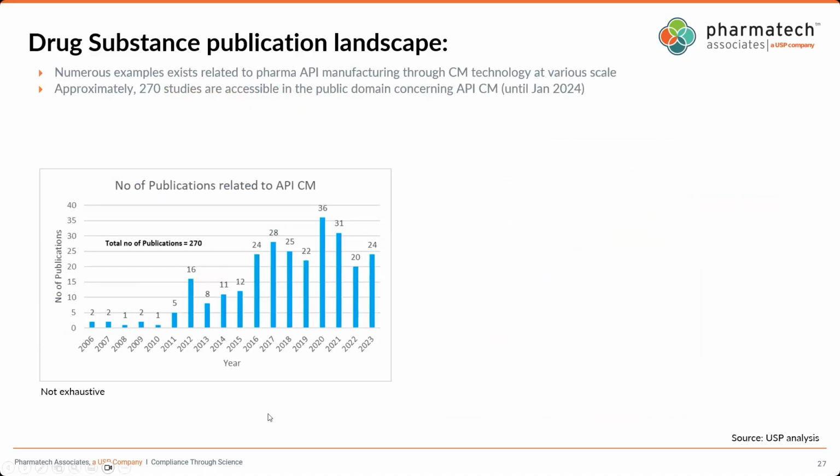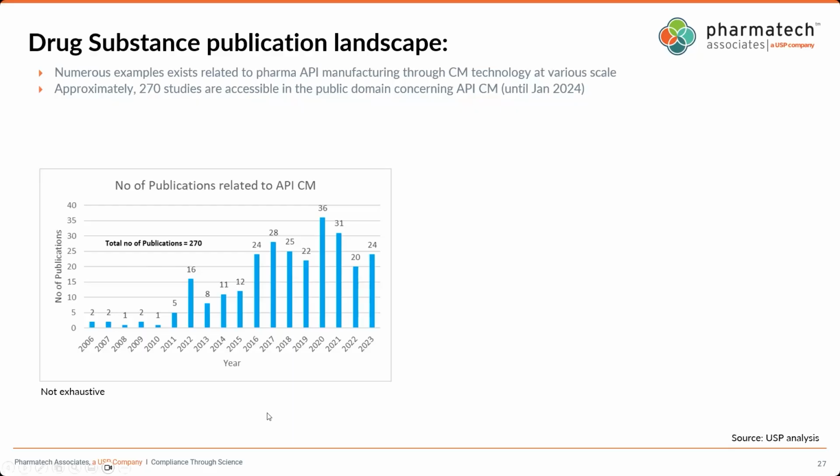Now, if you go into further detail and look only at the publications that are related to the API or the drug substance, you see that there are approximately 270 studies that are accessible in the public domain concerning API continuous manufacturing. Now, we tried to divide those publications into three categories.